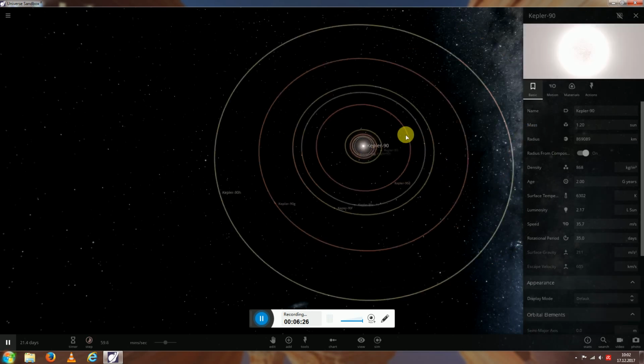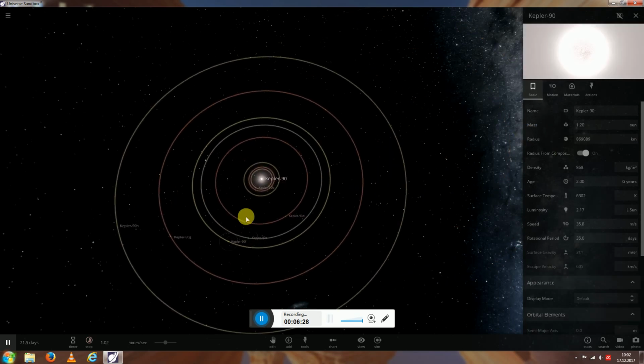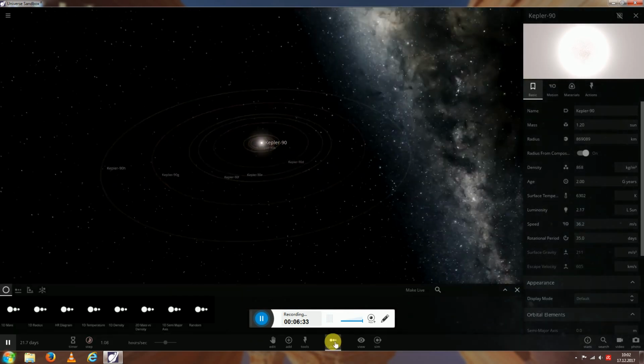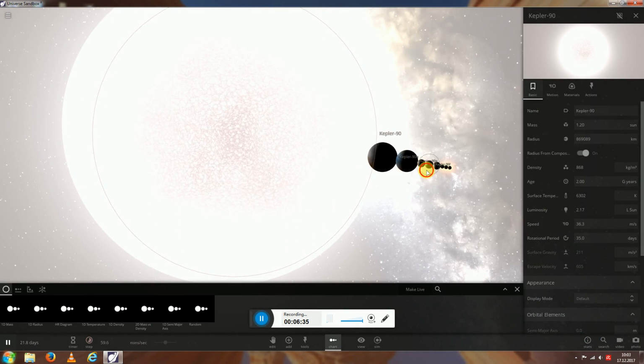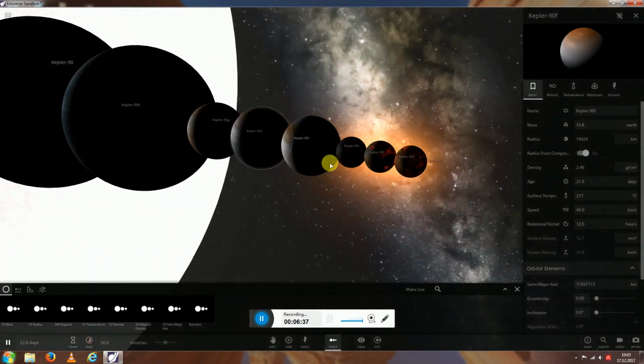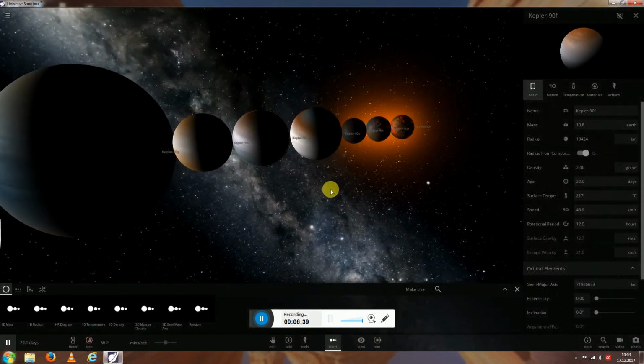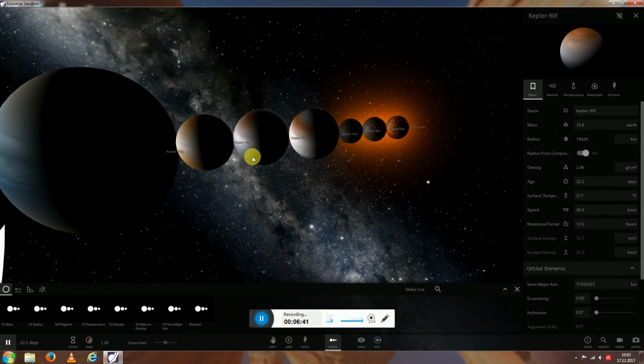Now the other inner planets, the remaining 6 planets, as in these 3 planets over here, we have rough estimates of their sizes, but we're not shown their exact mass.